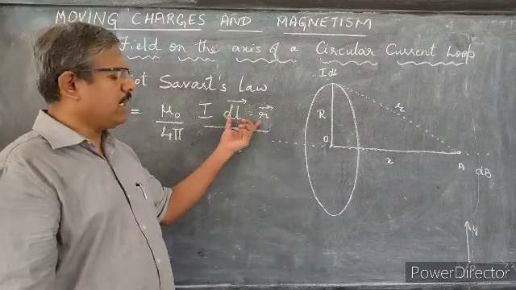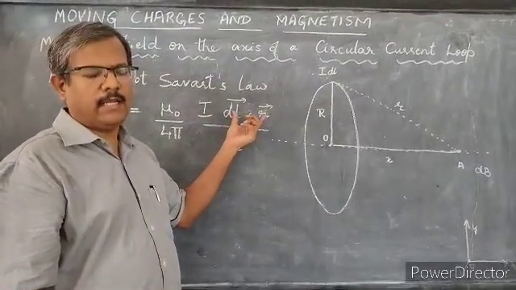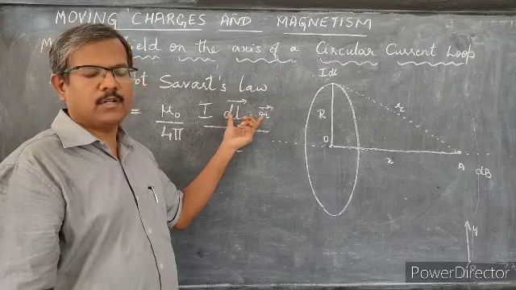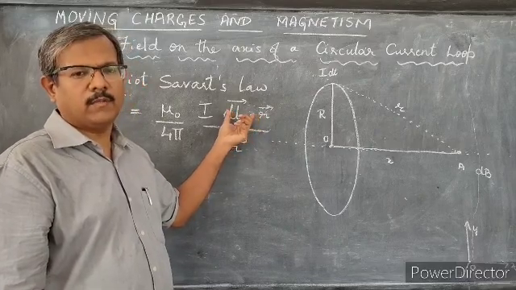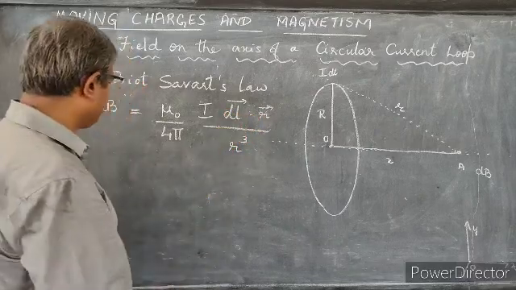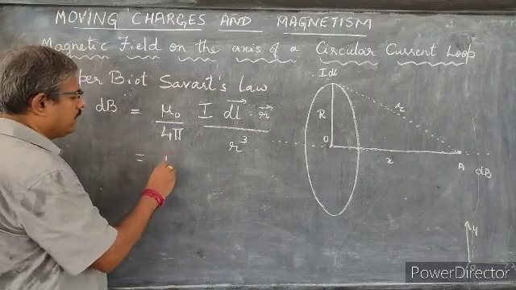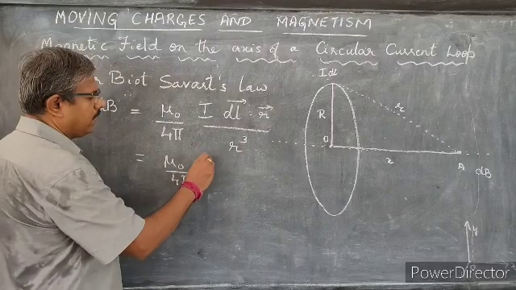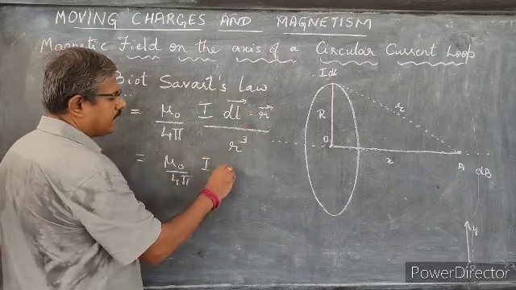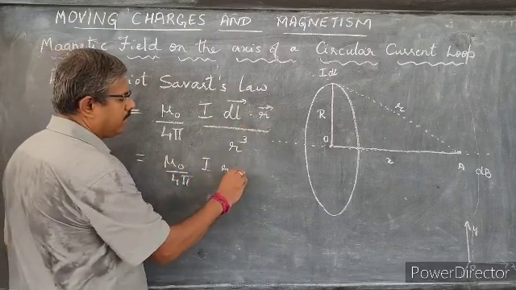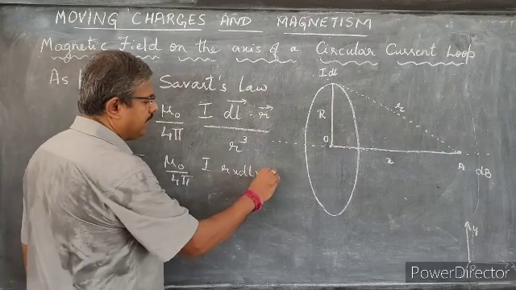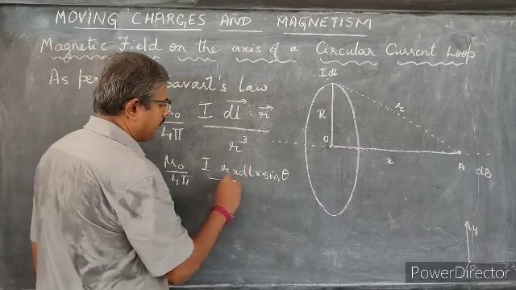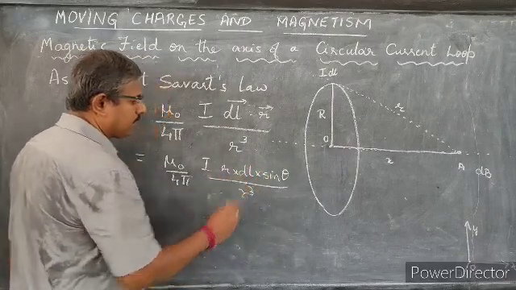To find the vector product, we are interested only in the magnitude, so we have to resolve the vectorial form, in which case this gets converted to I r dl sine theta by r cube.